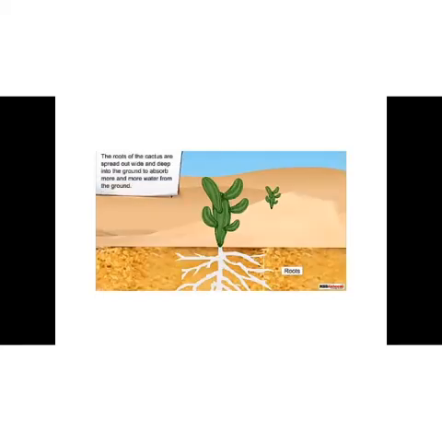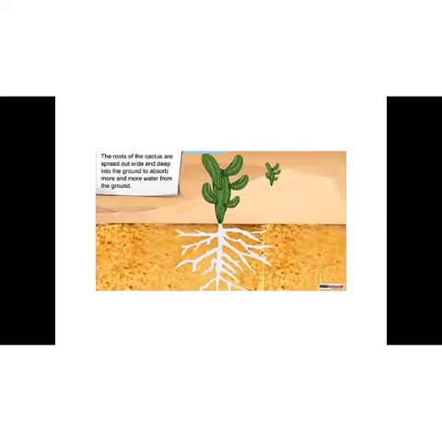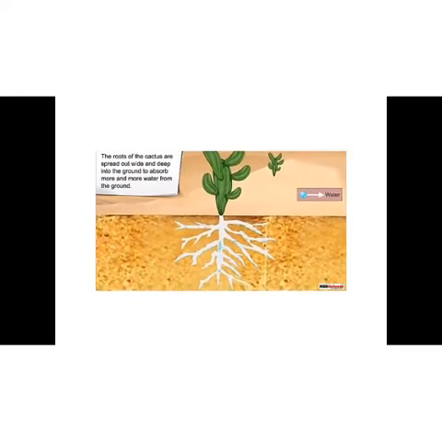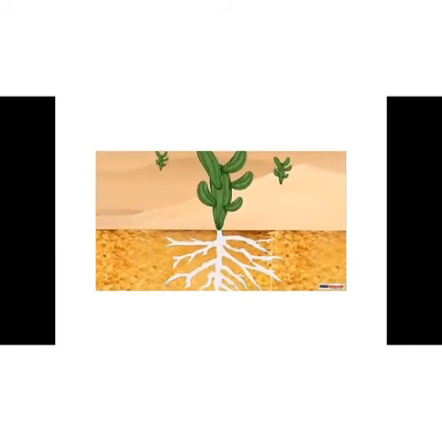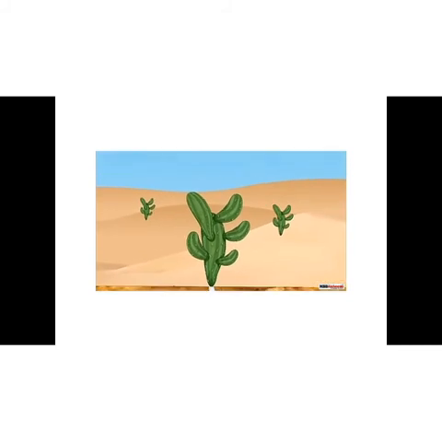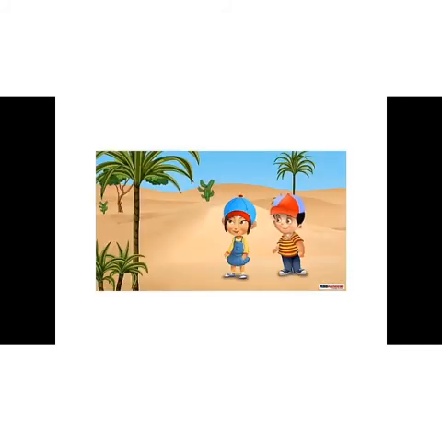The roots are spread out wide and deep into the ground. This helps the plants to absorb more and more water from the ground. With the help of all these adaptations, a cactus survives in deserts. In the same way, other desert plants are also adapted to the environment.